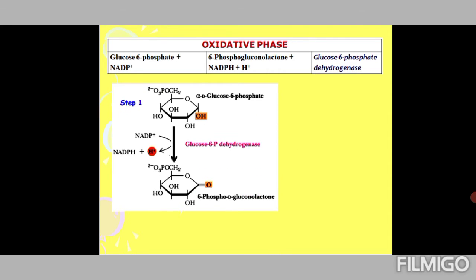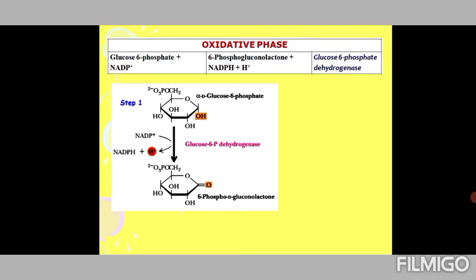And the oxidative phase begins with the dehydrogenation of glucose 6-phosphate at the first carbon by the enzyme glucose 6-phosphate dehydrogenase, which catalyzes the transfer of a hydride ion, that is a hydrogen atom which has captured an extra electron, from glucose to NADP plus, so as to become NADPH, nicotinamide adenine dinucleotide phosphate reduced form.